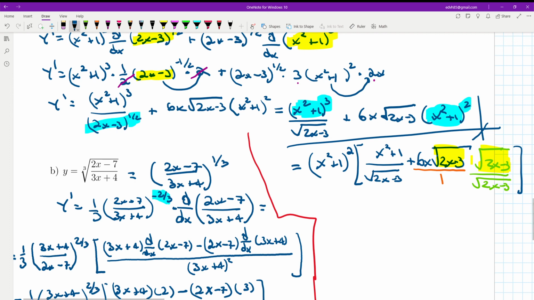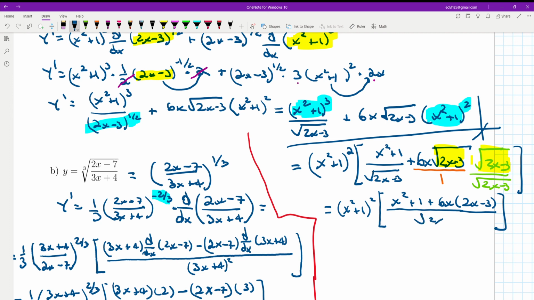So that'll be x squared plus 1 squared times one big fraction, x squared plus 1 plus 6x that multiplies 2x minus 3, the whole thing divided by the square root of 2x minus 3.